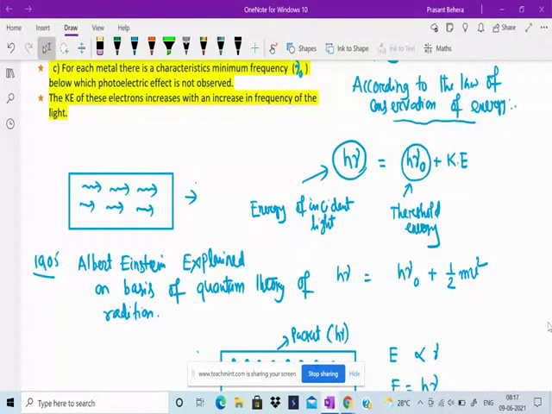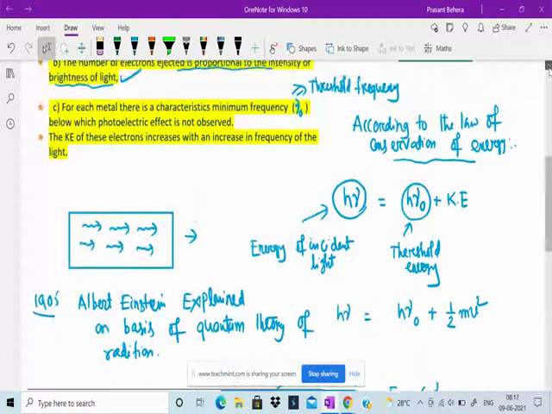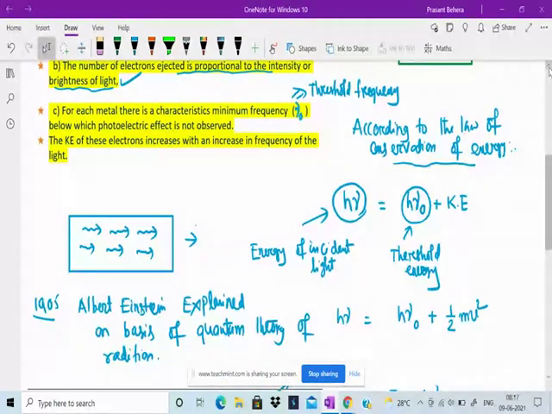According to him, when a photon of sufficient energy strikes the metal surface, it transfers its energy to the electron of the metal atom instantaneously, and the electron is ejected without any time lag. That means there is no time lag between the incident photon and the ejected electron.